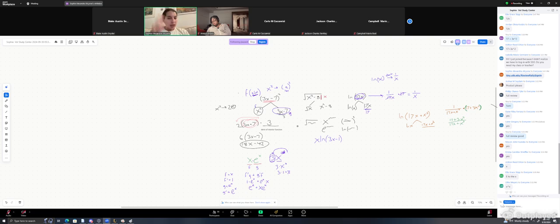Now, when I look at this, I should have my gears turning and I should say, I think there's two terms multiplied together here. So I'm going to go in and check. Okay, I've got an x and I've got a natural log of something with an x in it. So since these both have an x in them, I think I'm good to go and use product rule here.